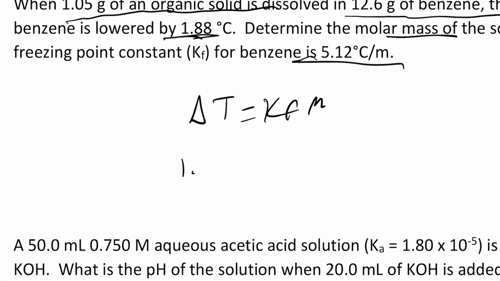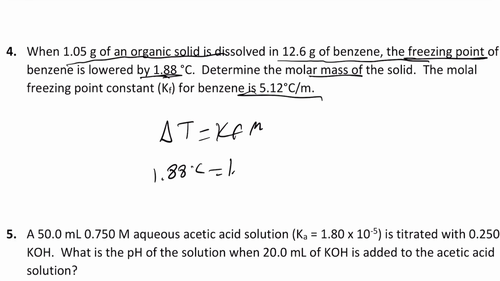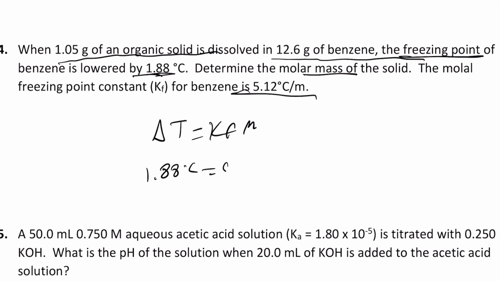So 1.88 degrees Celsius equals 5.12 degrees Celsius over molality times 0.0126 kg, because 12.6 grams is 0.0126 kg. We don't have the moles, so we'll figure that out.